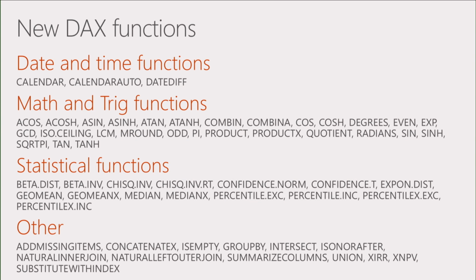The new engine has a number of new functions that you can use in DAX. These are the same functions that you have in Excel 2016 and in Power BI. So if you are developing a model in Power BI these days or in Excel 2016, you can use the same functions.